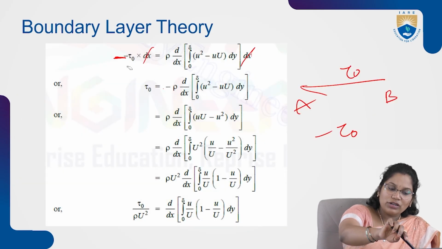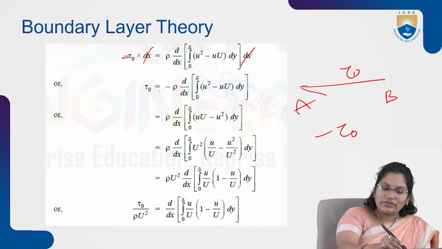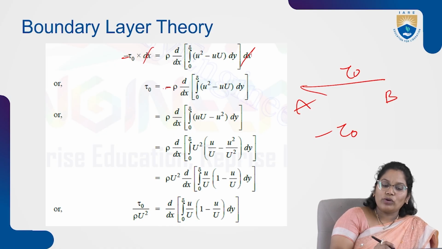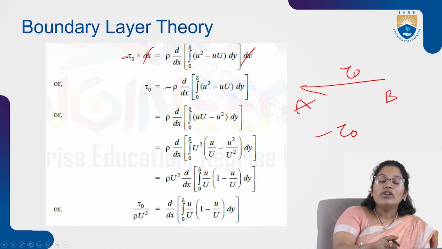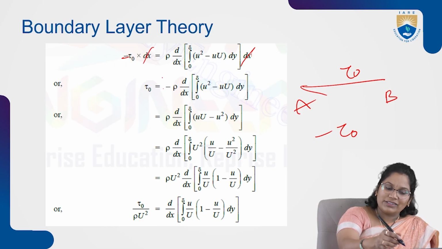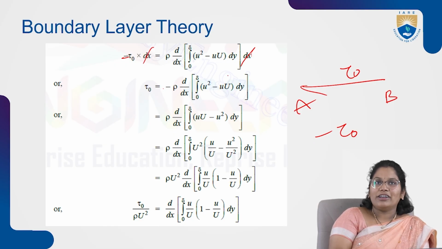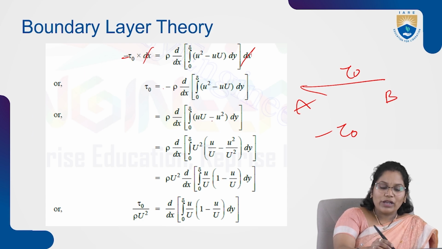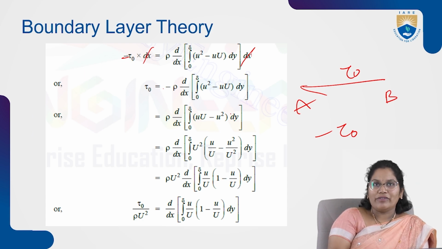When it is taken to the right hand side, it becomes minus rho into d by dx integration of u square minus small u capital U into dy. I don't want the minus sign here, so I am taking this minus inside. So the equation becomes rho into d by dx integration of 0 to delta small u into capital U minus u square into dy.